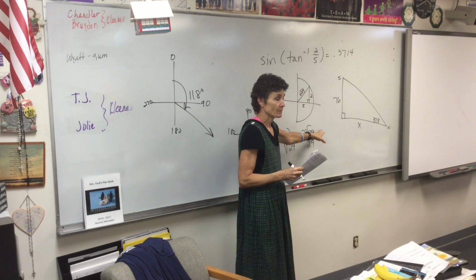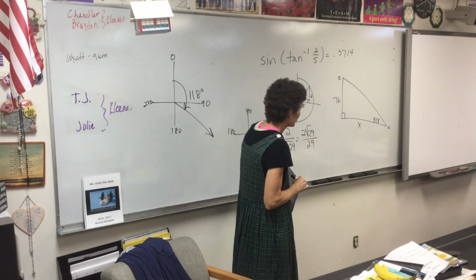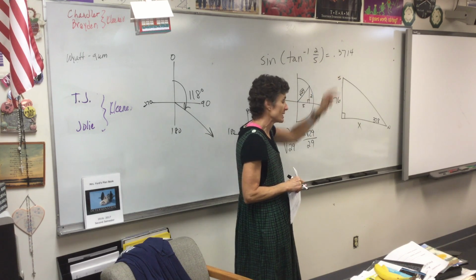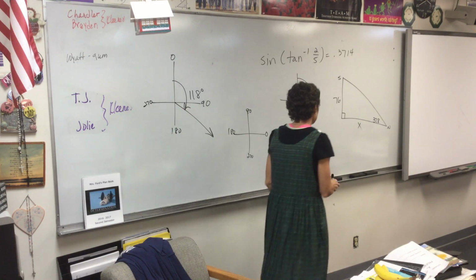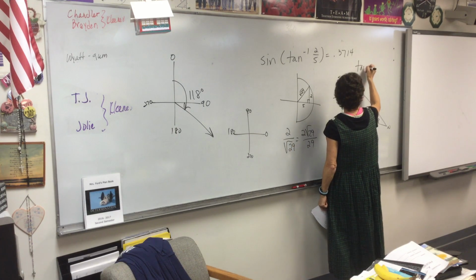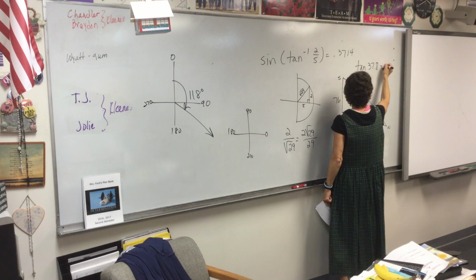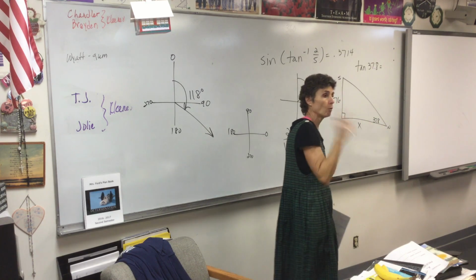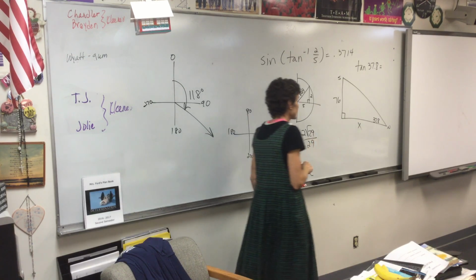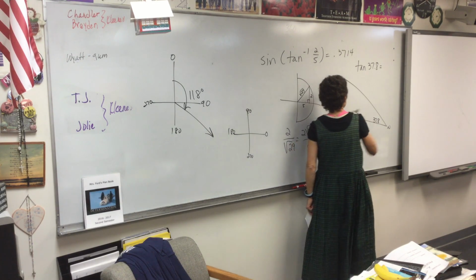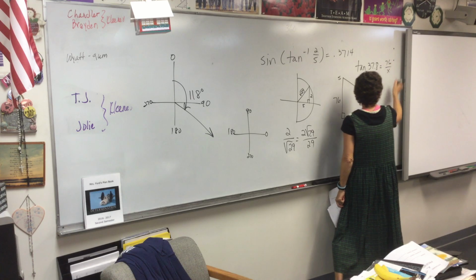Got it? Yep. Now, write an equation. You're either going to use sine, cosine, or tangent. Which one? Opposite over adjacent. So you're going to say tan 37.8. Remember, the angle always goes with the tangent, or the sine, or the cosine. So tangent 37.8 equals 76 over x.